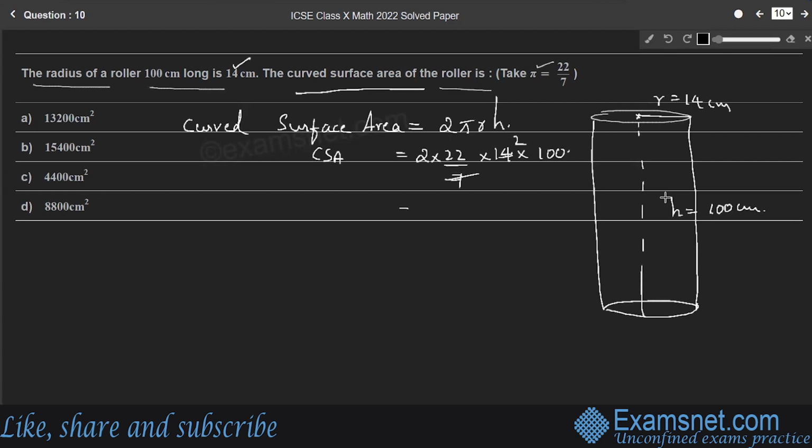So 44 into 2 into 100, which is 8,800. Since it is area, the unit is square centimeters. Therefore, the curved surface area of the roller is 8,800 centimeters square.